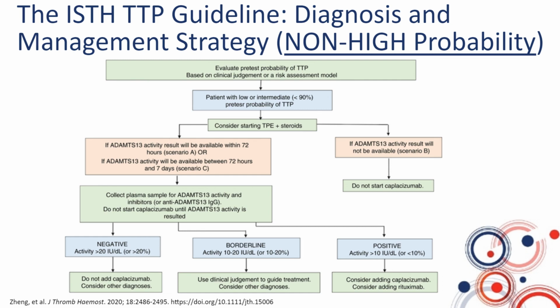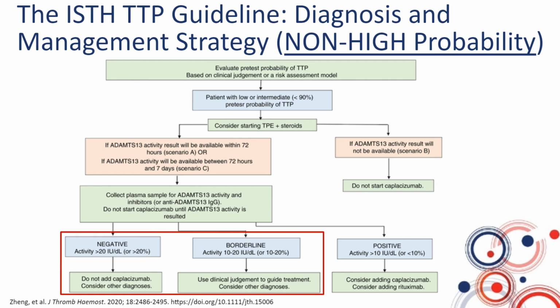And if the level of ADAMTS13 is low and is getting within 72 hours, then you can start to think about the results and wait for the result, and also for the anti-ADAMTS13 antibody. And do not start caplacizumab and wait for the ADAMTS13.